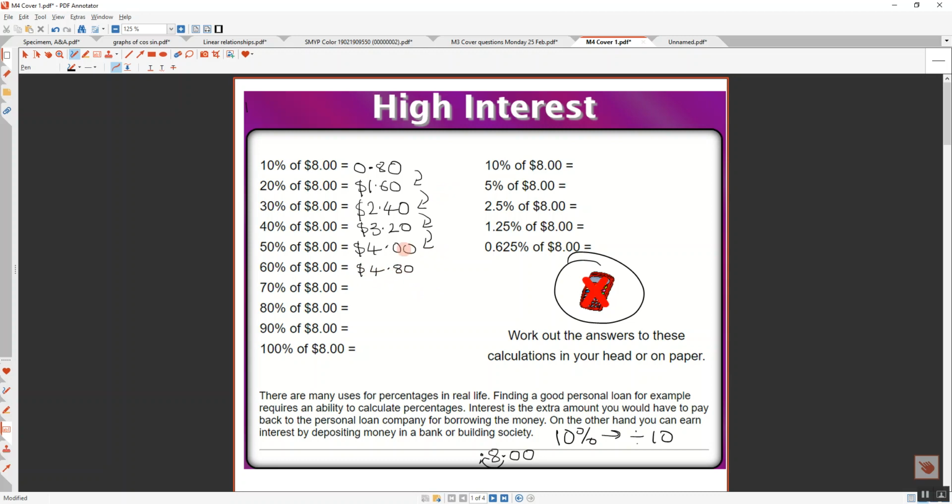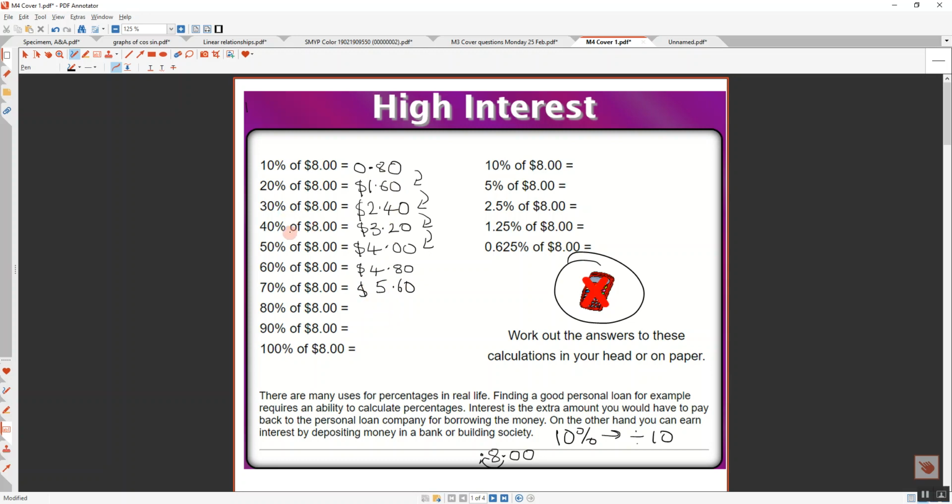It's 80 cents more than the last one, or it is 6 times 80 cents. Okay, so sorry there, I got a little bit interrupted. So $4.80 for 60%. 70% is 7 times 80 cents, which will be 7 8s are 56, so $5.60.